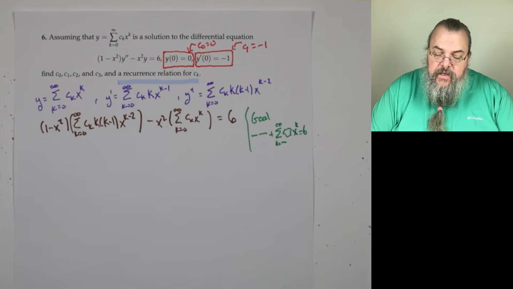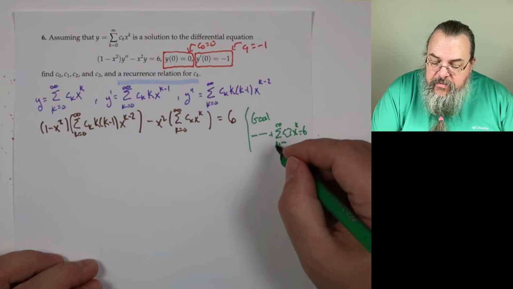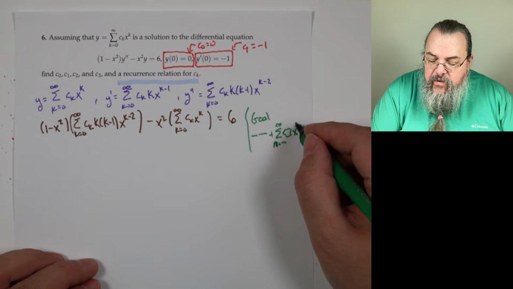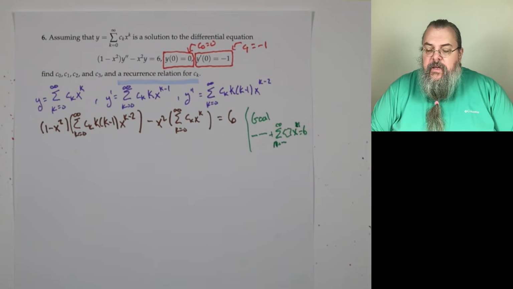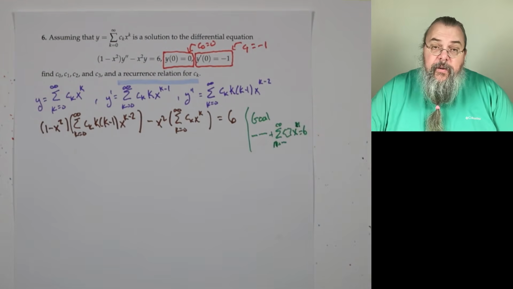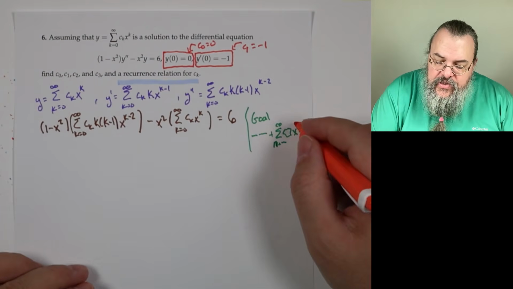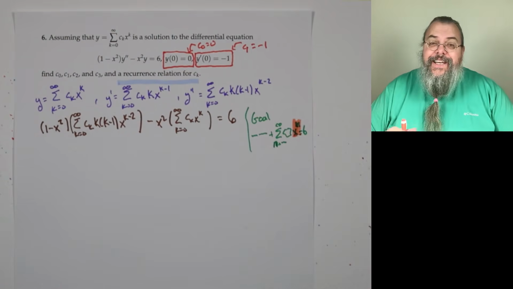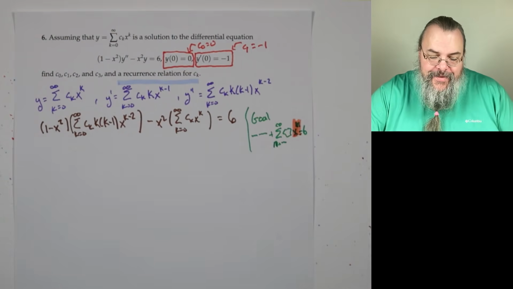Now, since we're already using k, let's change from k. We'll switch to, say, n, x to the n. So, not only do we want one sum, we want it consistent. That's going to drive our choices in the course of the next couple of minutes.